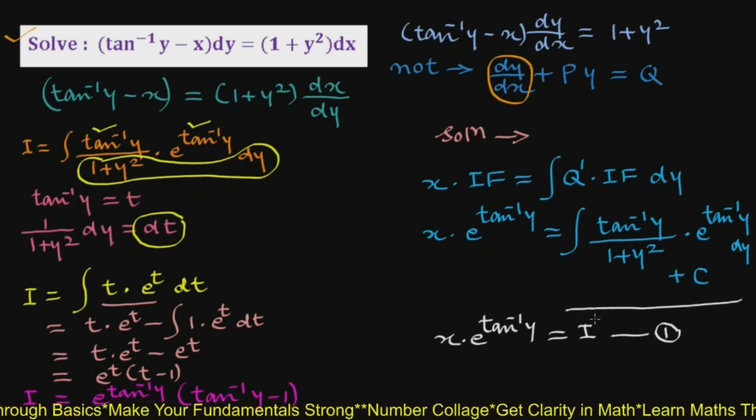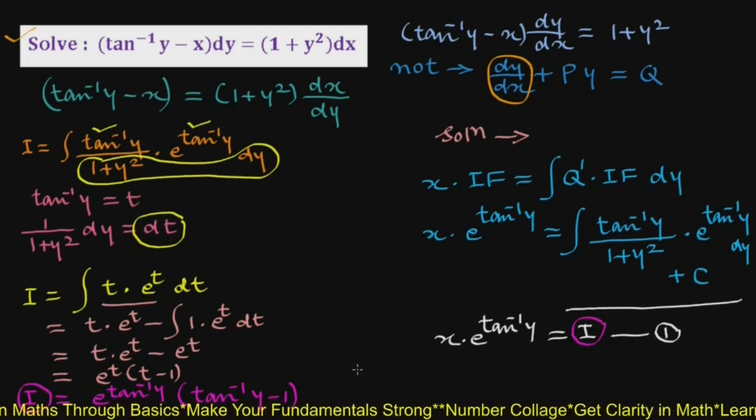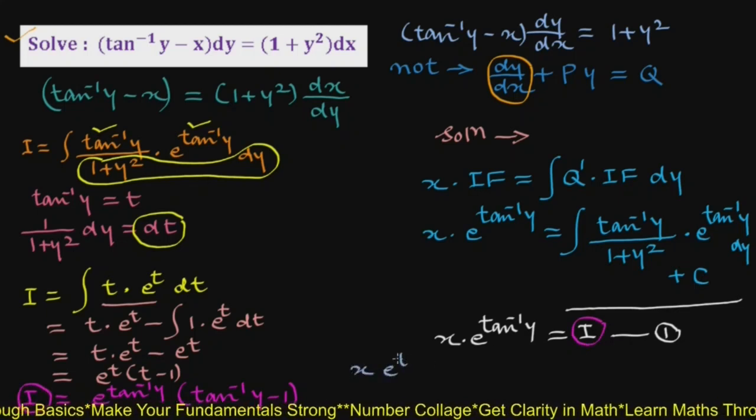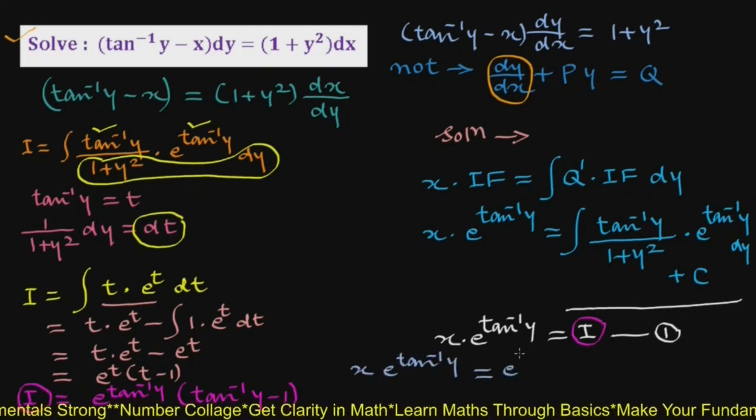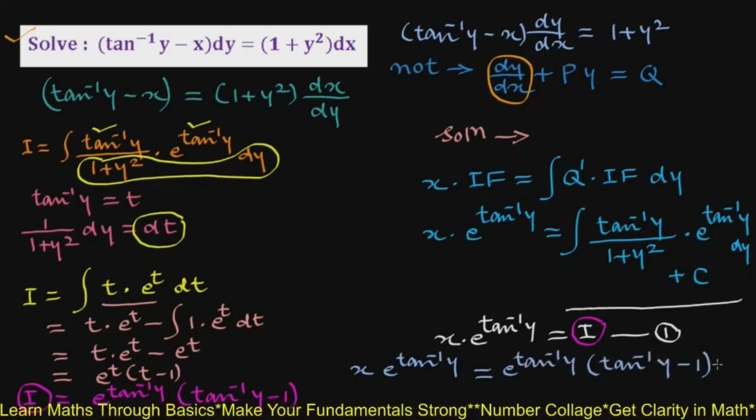After substituting the value of this I from here, equation 1 becomes x into e raised to tan inverse y equals this e raised to tan inverse y into tan inverse y minus 1 plus c.